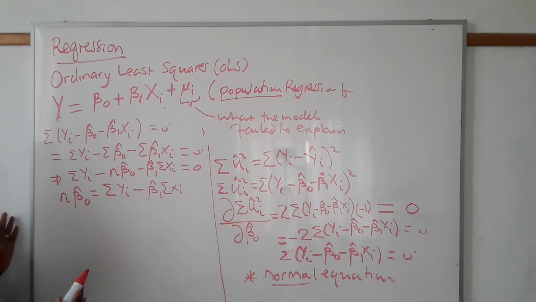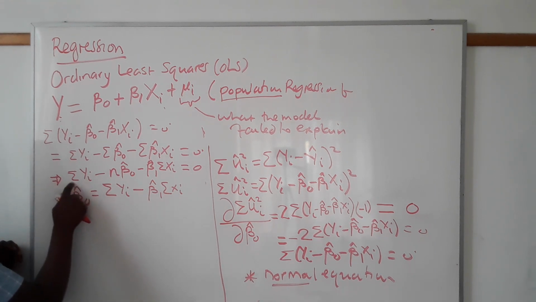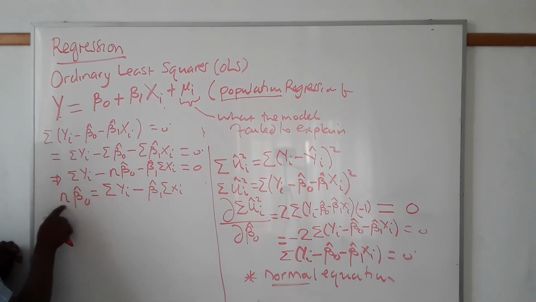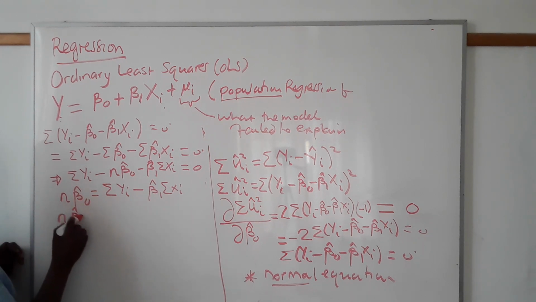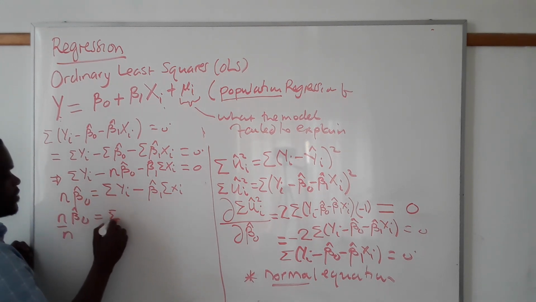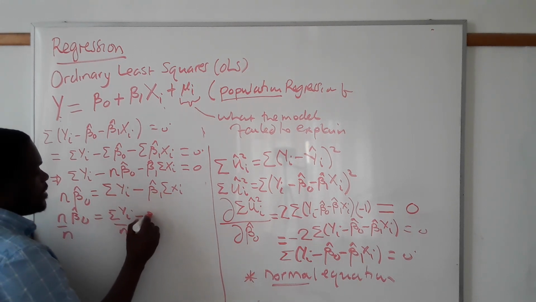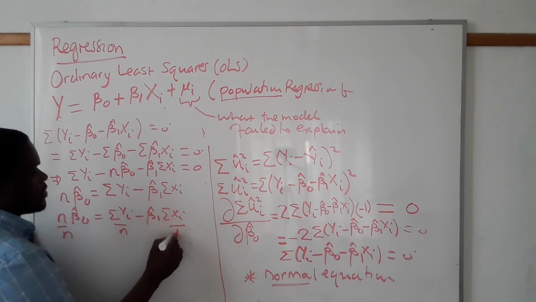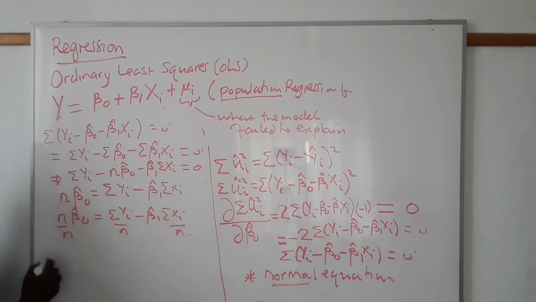Now, you are set to find your beta at naught. To remain with this only, you have to divide both sides by n. So n over n beta at 0 is equal to the sum of yi over n minus beta at 1 times the sum of xi over n.